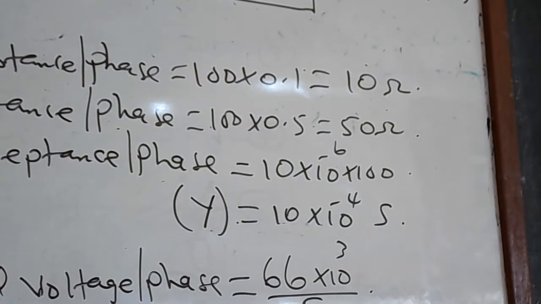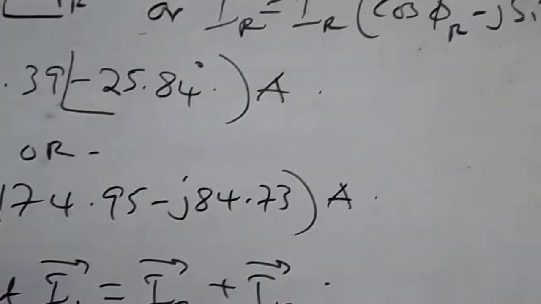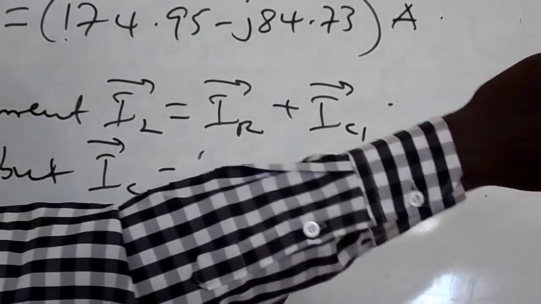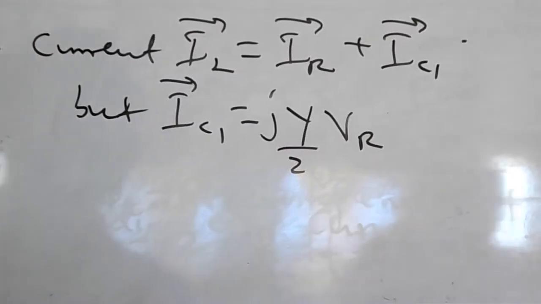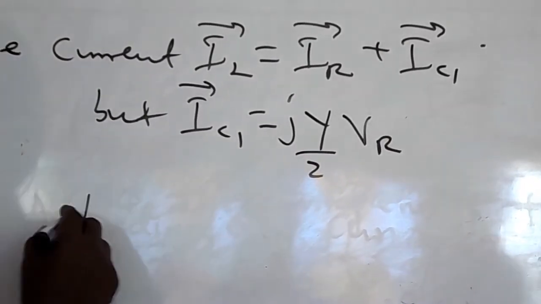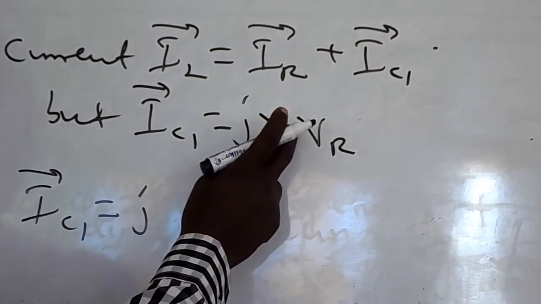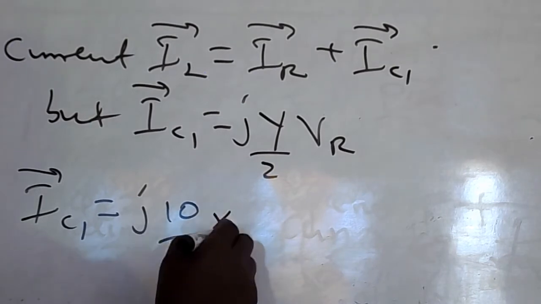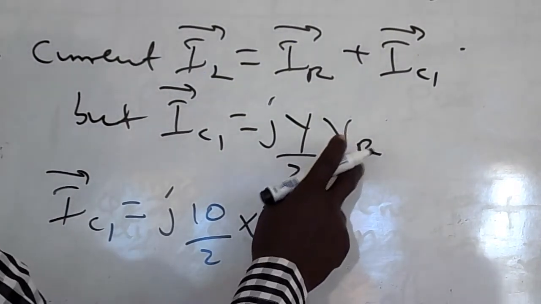But you can see I'm dividing the susceptance by 2 because the capacitance is divided into 2. One is at the receiving end, another one is at the sending end. So IC1 is now equal to j, Y, that is 10 all over 2, times 10 power negative 4, times the receiving end voltage.